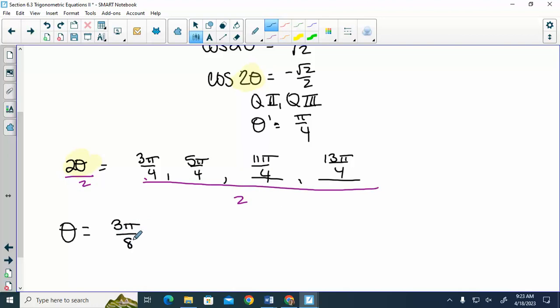So that gives us 3 pi over 8, 5 pi over 8, 11 pi over 8, and 13 pi over 8. You can do a quick check. 13 pi over 8, what's 13 divided by 8? Is it smaller than 2? Yeah, so it's still just between 0 and 2 pi. We didn't go too far.